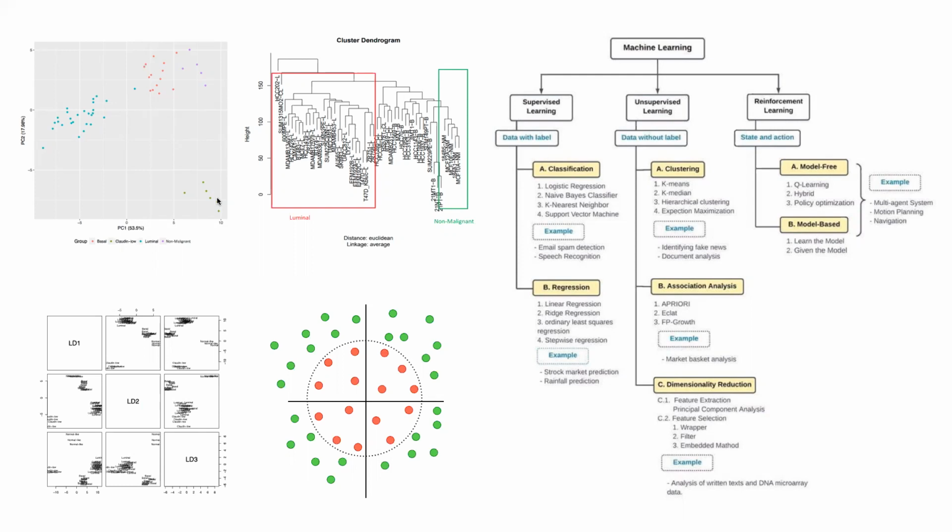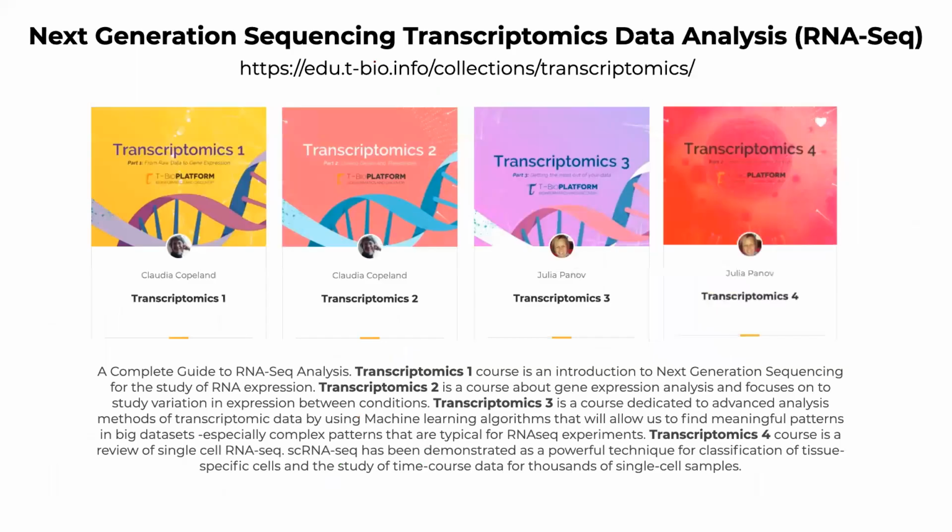And then we can use additional methods for classification and feature selection to determine how to best characterize those groups and potentially apply the same model to a completely new data set that might be coming from a completely different source, but nevertheless can contain some similar variation that we've discovered in our data set. In detail, all of these methods are explained in this collection of transcriptomics courses, Transcriptomics 1, 2, and 3.